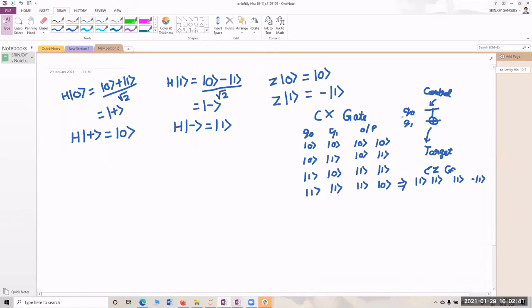In various notations you will find that either you show it like this, or in Qiskit you show it like this. So that's the circuit for the CZ gate.